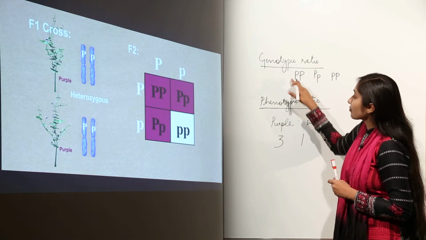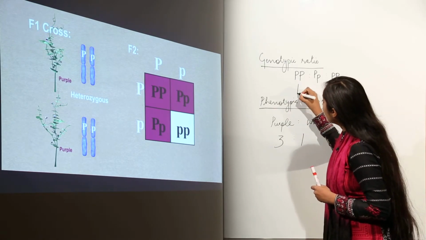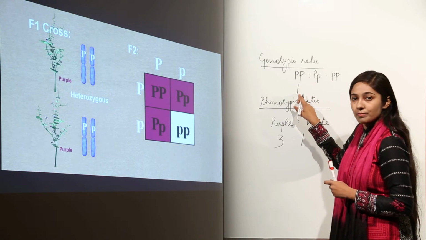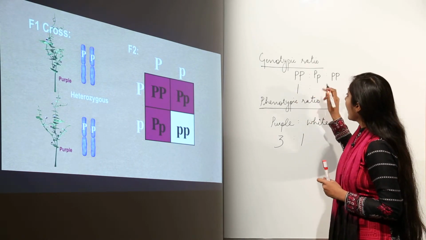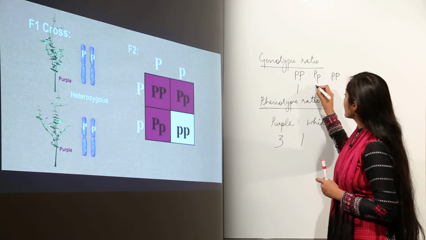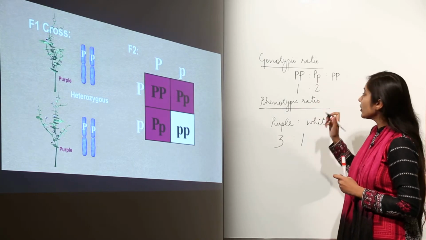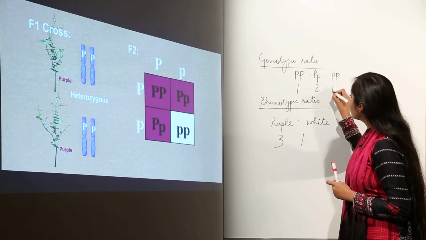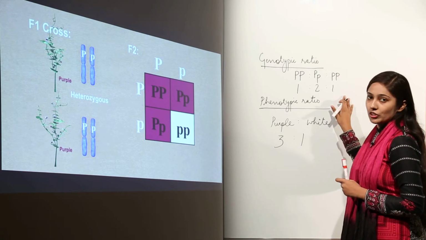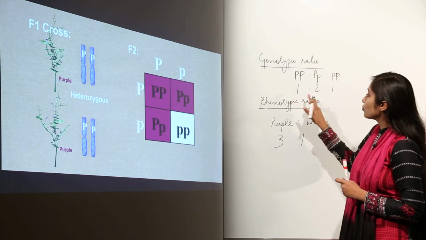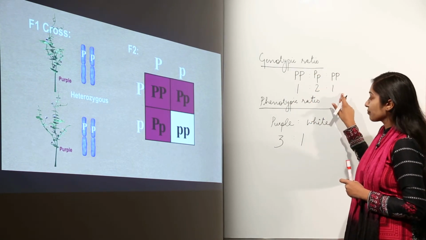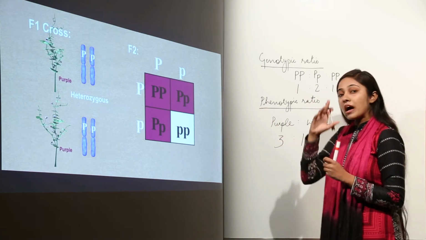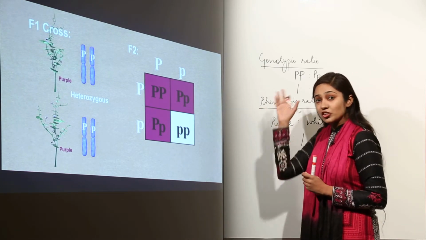So, we have 1 plant with this type of genotypic trait, and we have 2 plants with this type of gene combination, and we have 1 plant with this type of gene combination. So, genotypic ratio becomes 1:2:1.